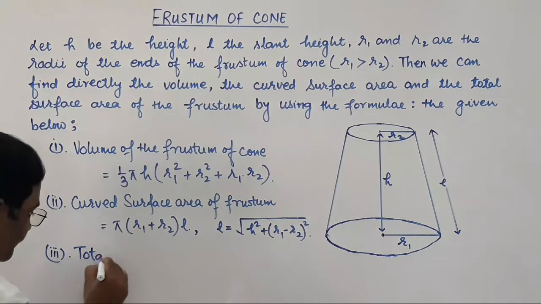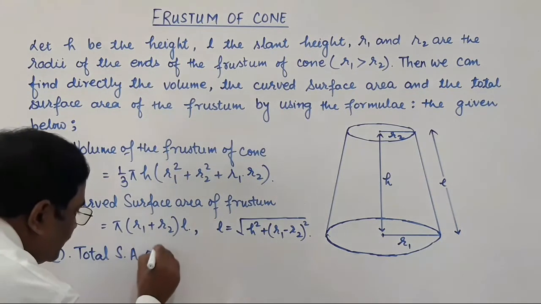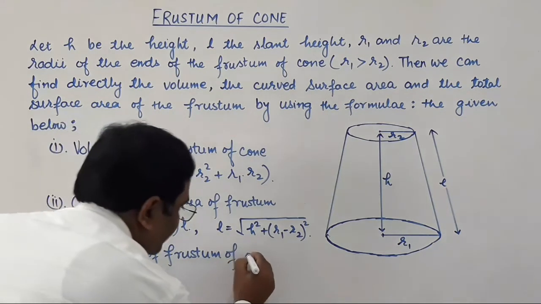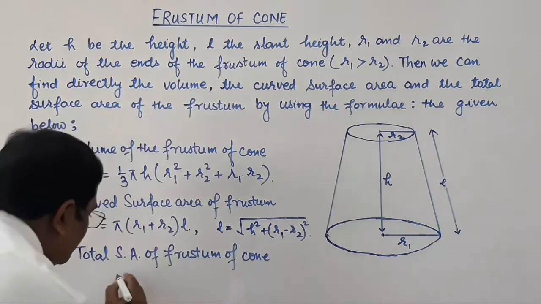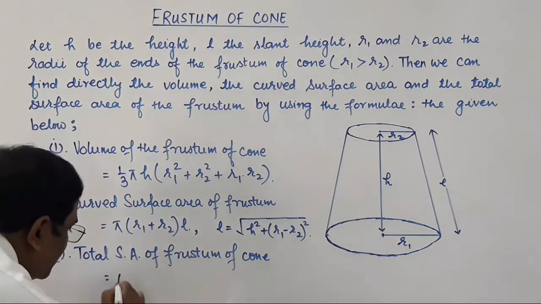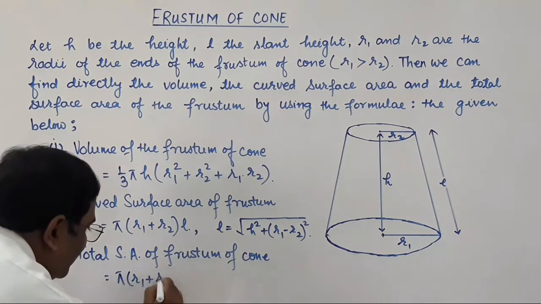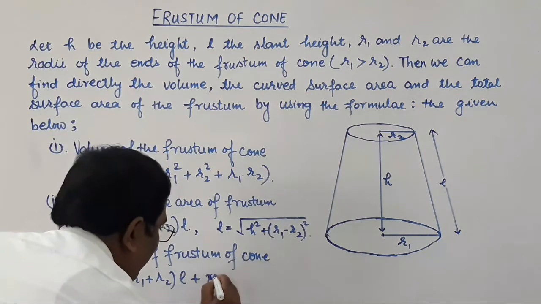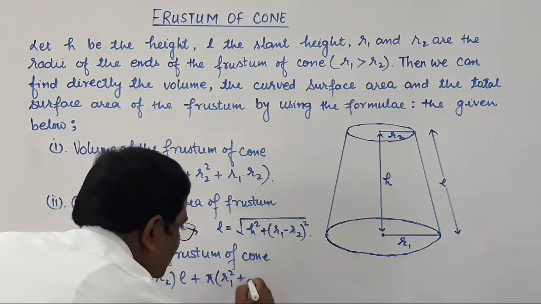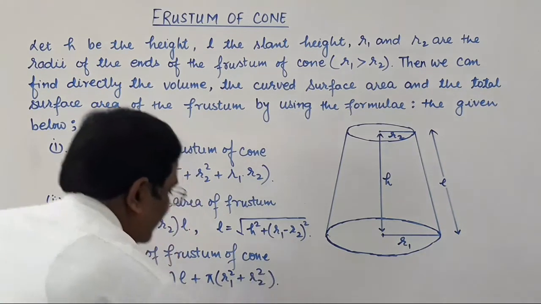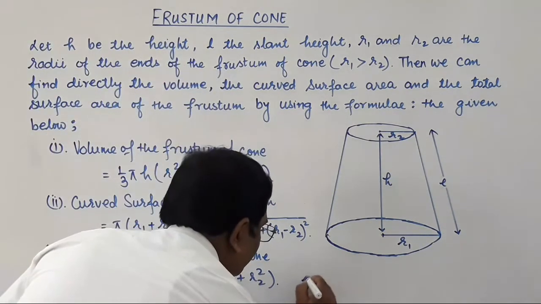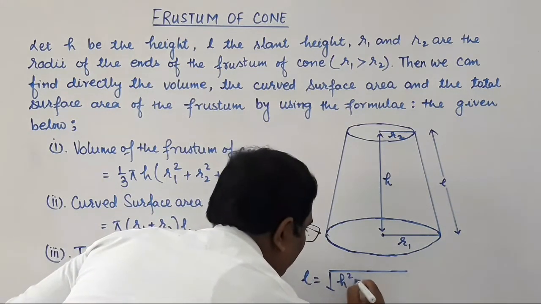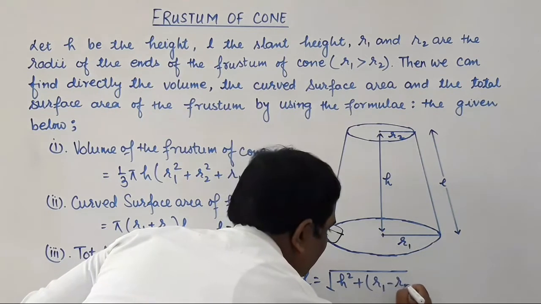Total surface area of frustum of cone is equal to curved surface area, which is pi (R1 plus R2) into L, plus area of base plus area of top, which is pi (R1 square plus R2 square), where L is equal to under root h square plus (R1 minus R2) whole square.